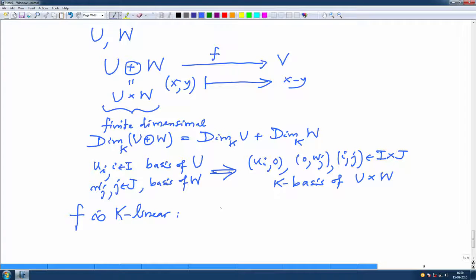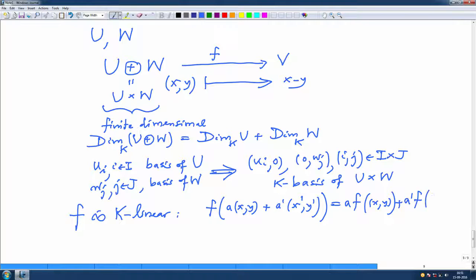That means you will have to check the formula like F of (a x, y) plus a prime (x prime, y prime) should be equal to a F(x, y) plus a prime F(x prime, y prime).